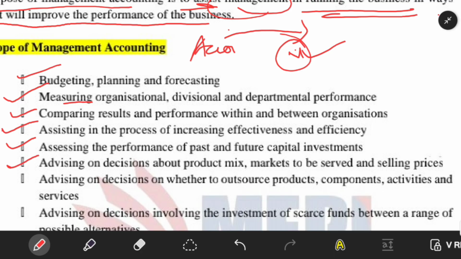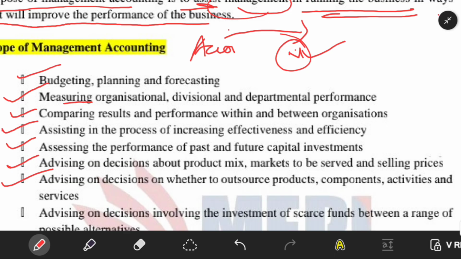Next, it advises on product decisions, like what price to fix, which market to serve, and what selling strategy we should use. Next, it guides in make or buy decisions, whether the company should produce a component in or outside the business.